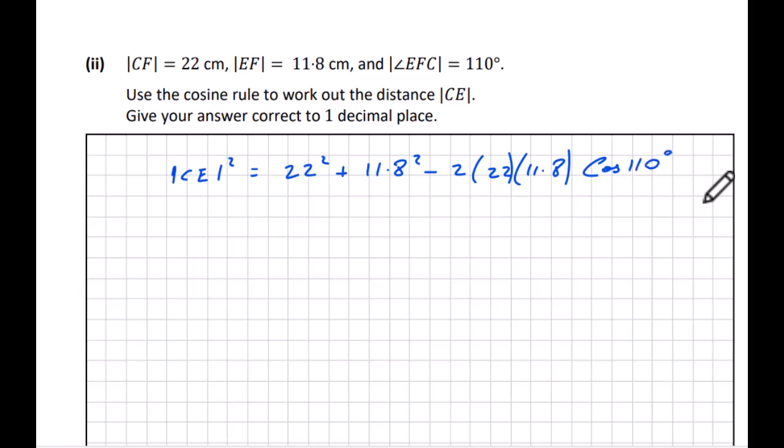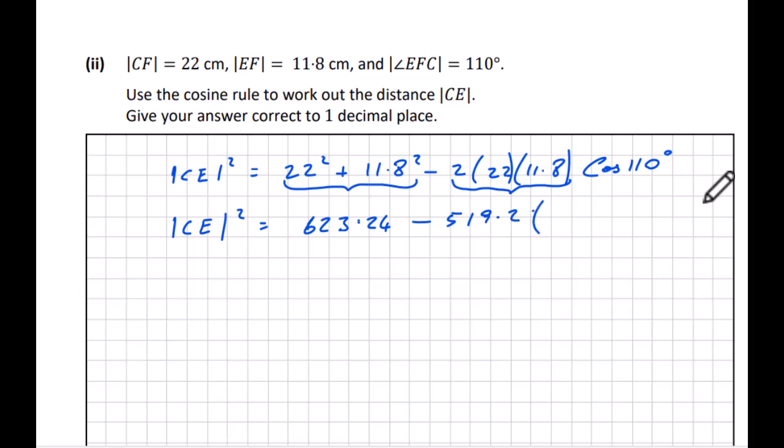So you just got to work all this out on the right hand side. CE squared is equal to 623.24. That's these two here done. Now I'm just going to do these three here. Multiplying those three out gives me 519.2.